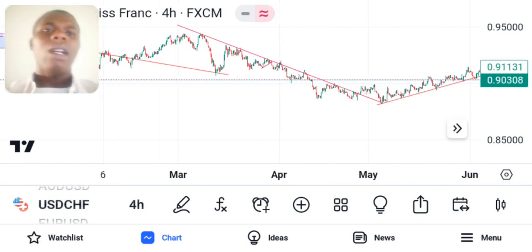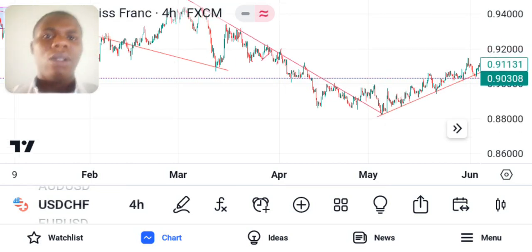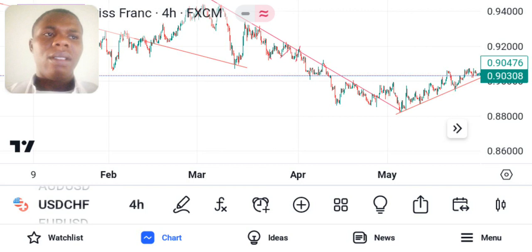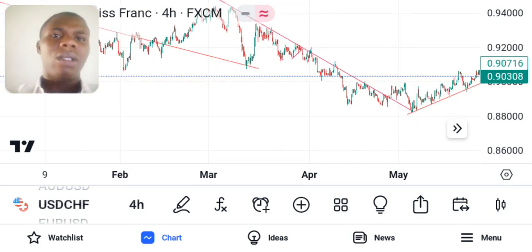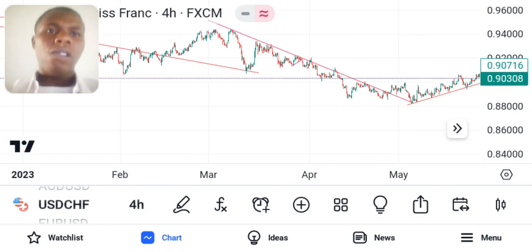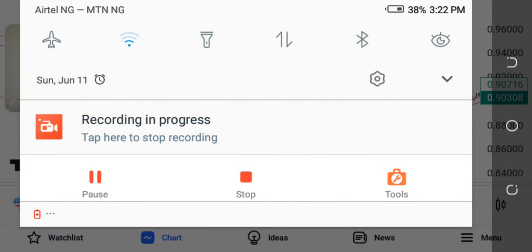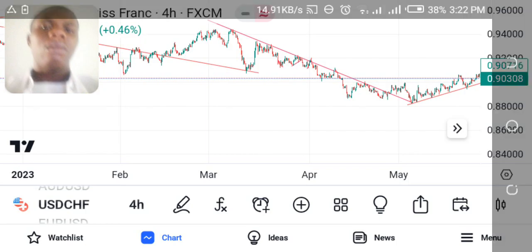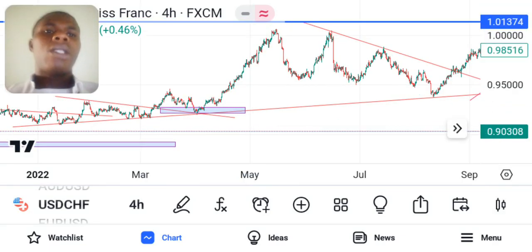This move actually gave me some dollars I was looking for. Okay, I don't know why it's not opening. So once you understand what the 4 hours is doing, you're set.